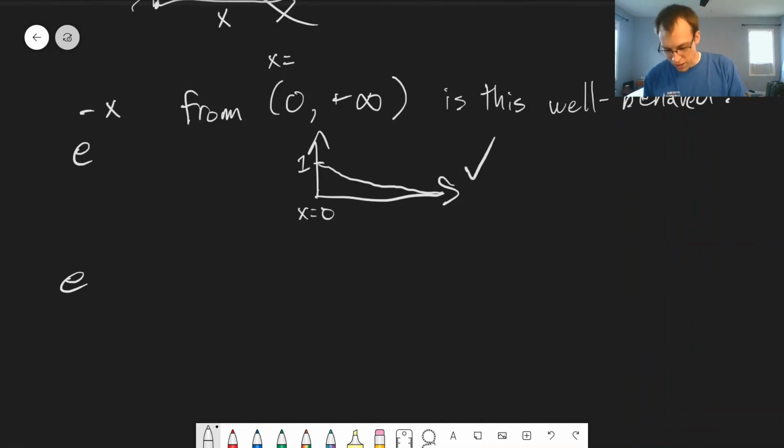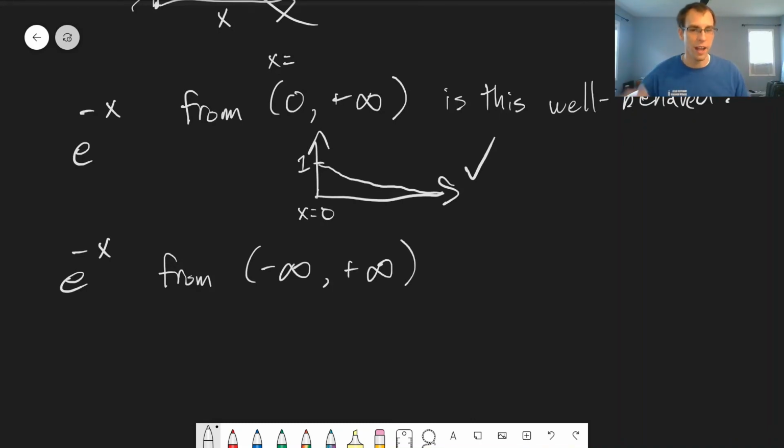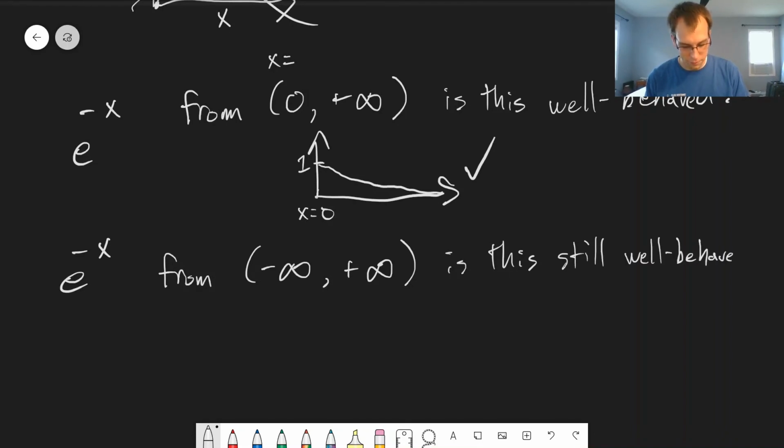But if we change this to be from negative infinity to positive infinity, so if we take all the possible range of x, is this still well behaved? Go ahead and pause your video and think about this one.